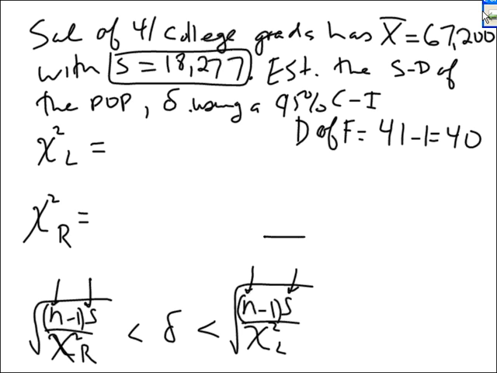So what that tells me is, in the middle, we have our 95%. There's 5% left over. 0.05, 0.05.